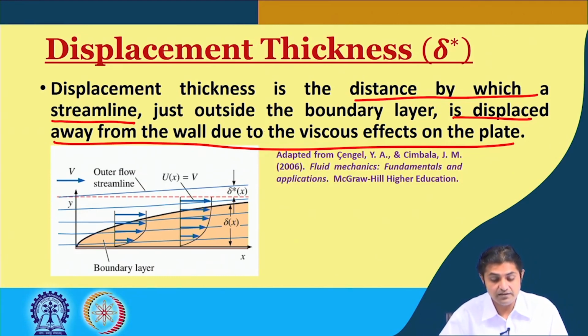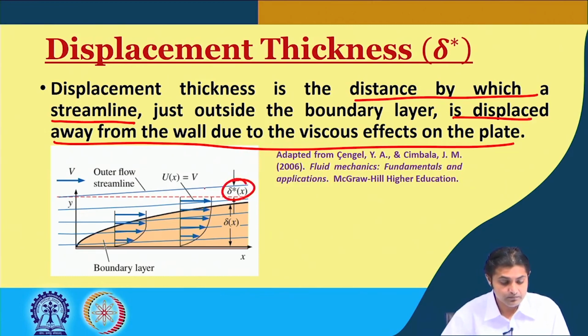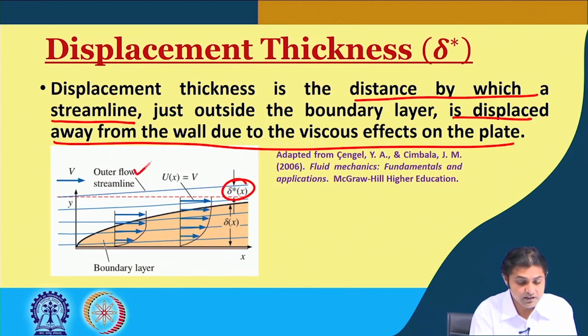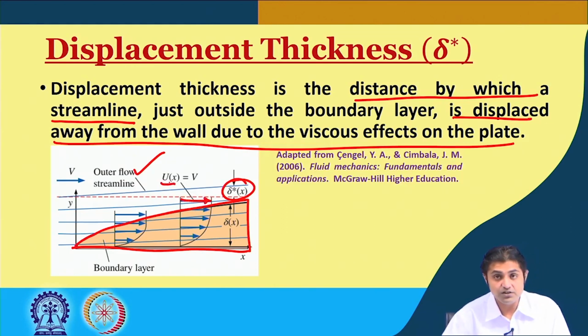What exactly is that thickness? Delta dash x. This is the outer flow streamline, and this is the boundary layer. And the velocity U was coming here. Outside the boundary layer, as you can see, the velocity u as a function of x is exactly U.